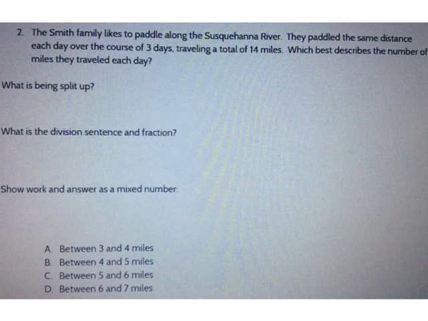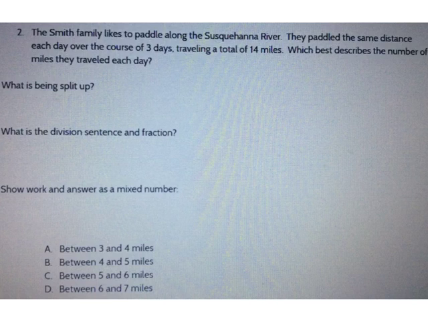Let's do another example. The Smith family likes to paddle along the Susquehanna River. They paddled the same distance each day over the course of 3 days, traveling a total of 14 miles. Which best describes the number of miles they traveled each day? What are we going to split up here? Are we splitting the 3 days, or are we splitting the 14 miles?